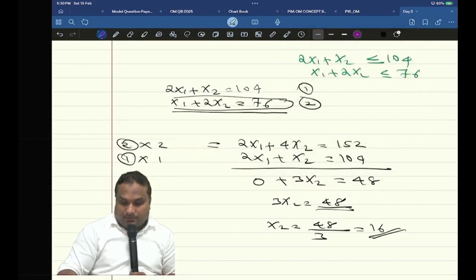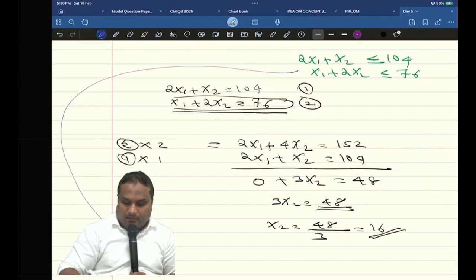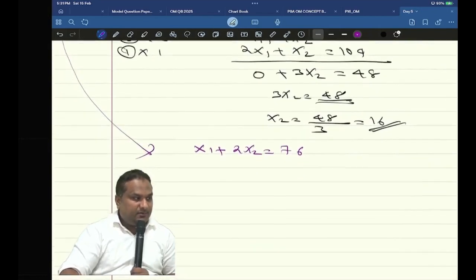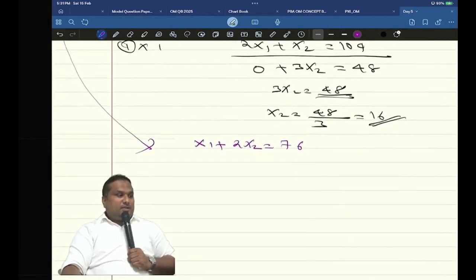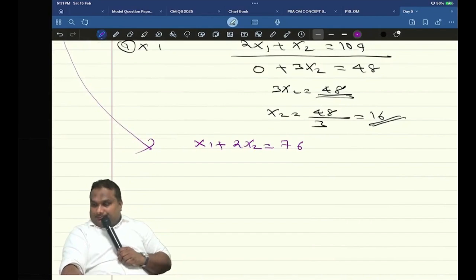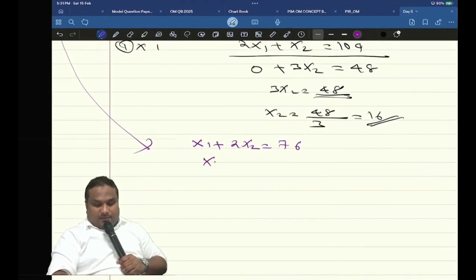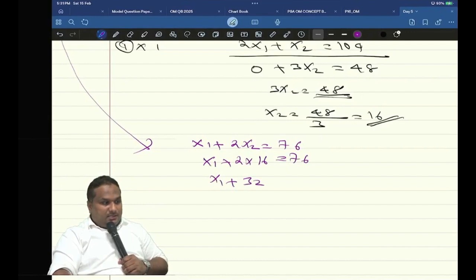Now you need to substitute into any one of the equations. Take the second equation, x1 plus 2x2 equal to 76. In our case x2 is 16, so x1 plus 2 into 16 is 76. x1 plus 32 equal to 76.